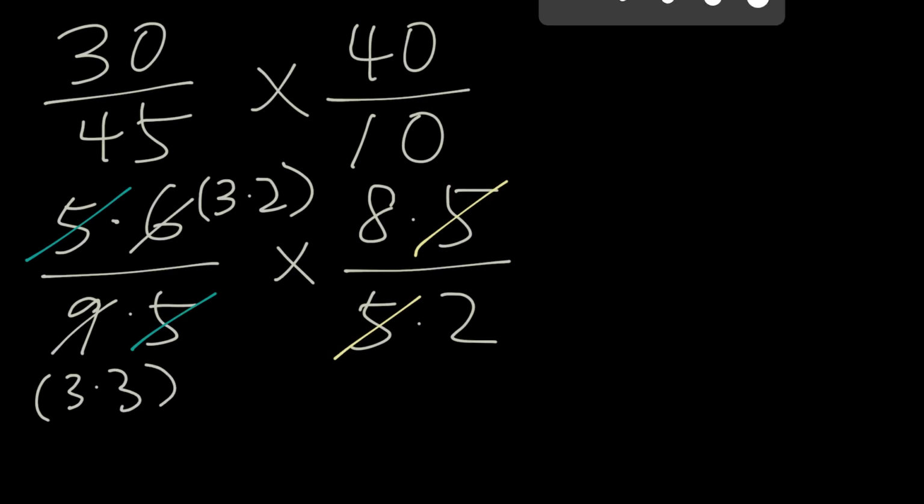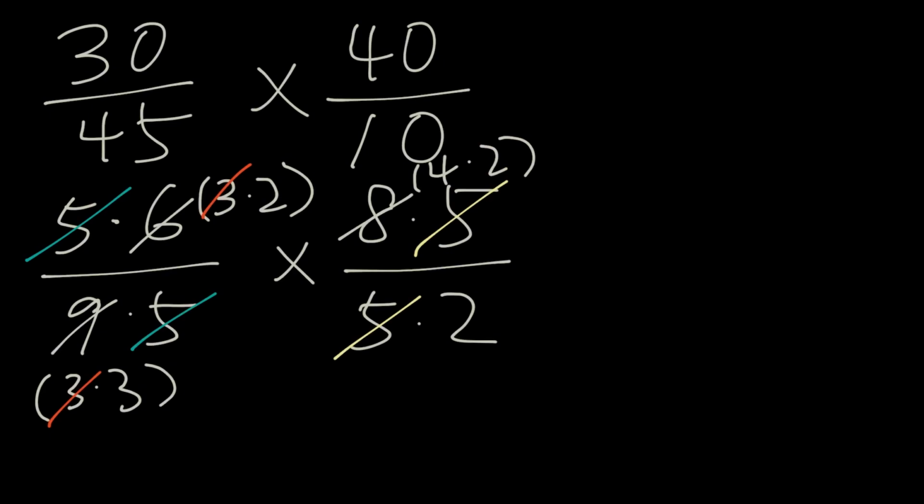So then we could simplify the 3 here. And same here, 8 can be changed to 4 times 2. So we can cancel out the 2. Now what we have remaining is 4, 2, 3, and since the denominators here are all crossed out, we're left with 1.